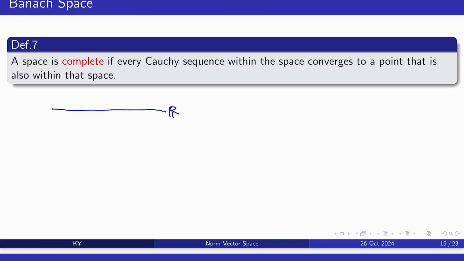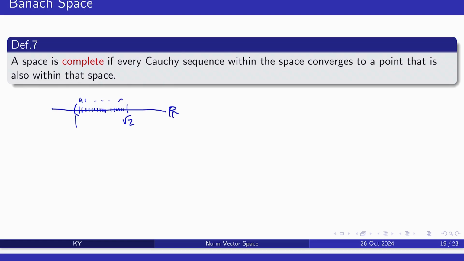For example, you can take one Cauchy sequence, a sequence that goes from 1 and converges to the square root of 2, right? You're saying that you have a sequence of values starting from 1 and converging to a point within the space.